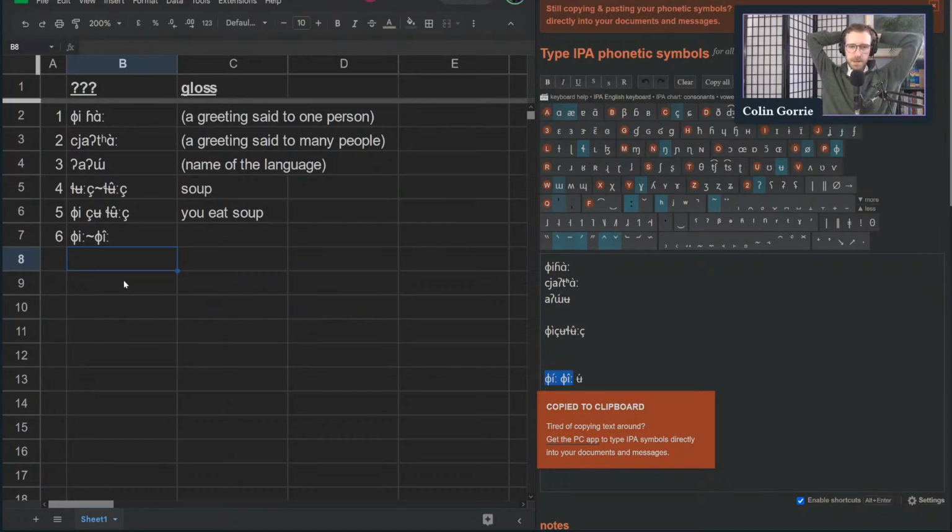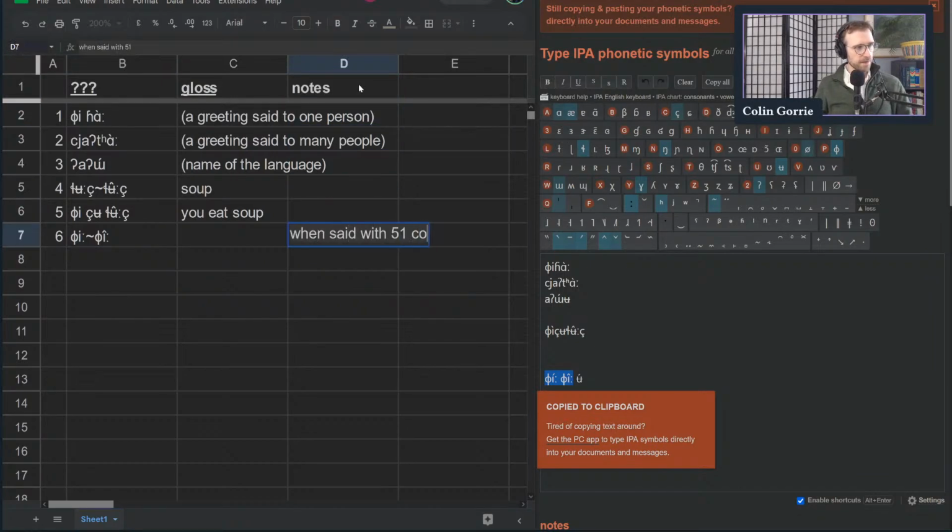Yeah, it sounds off. Although it means the same thing, but it sounds off. Okay, yeah. It sounds off. So let's put in a little notes section. When said with it sounds off, it means the same thing, but it sounds off. Okay.